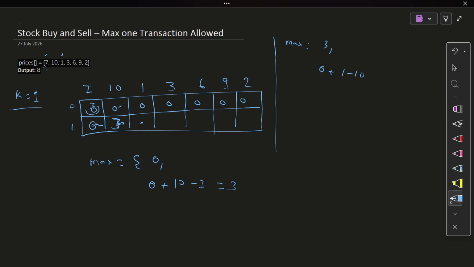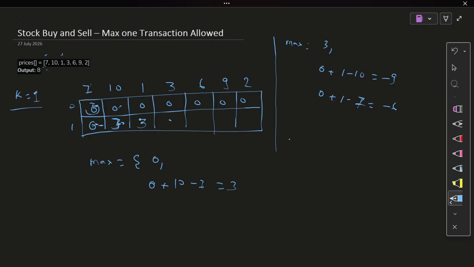Or 0 plus 1 minus 7. So here we get the maximum 3, minus 9, 7 minus 6. Which one is maximum? 3.